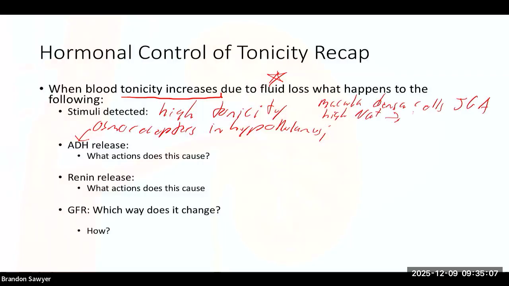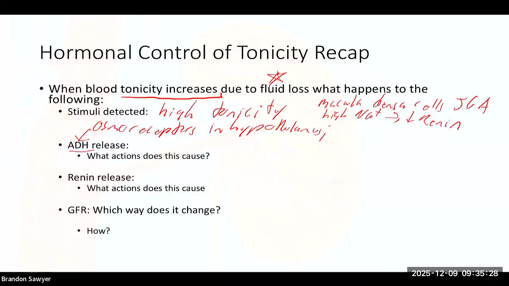So we're going to see a decrease in renin release because of this. Okay, so these are our two stimuli, right? Osmoreceptors in the hypothalamus lead to ADH release, macula densa cells in the juxtaglomerular apparatus sense that high sodium, and we're going to see a decrease in renin release.